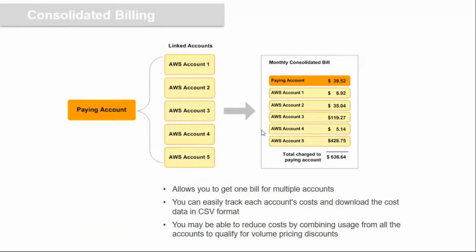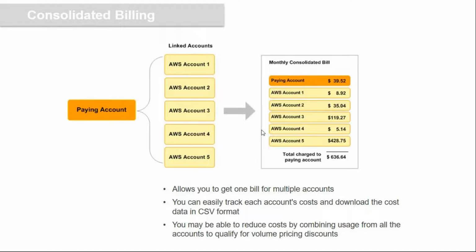So, consolidated billing. With a paying account, you can attach multiple AWS accounts to a single account to consolidate your billing. Consolidated billing enables you to see a combined view of AWS costs incurred by all accounts in your department or company, as well as obtain a detailed cost report for each individual AWS account associated with your paying account.